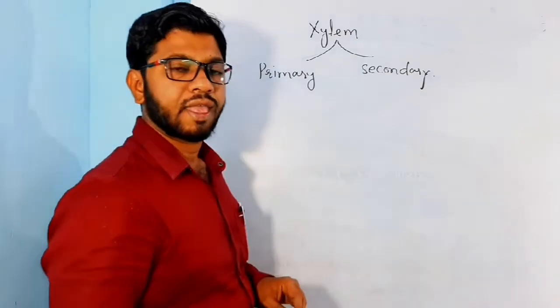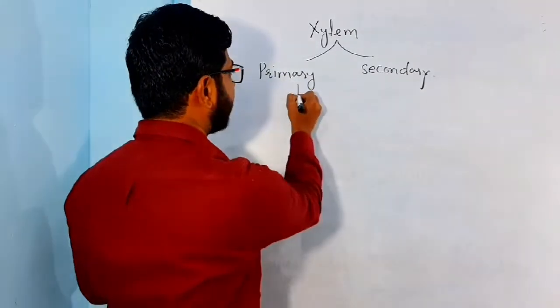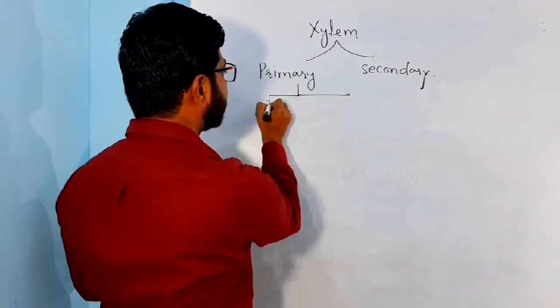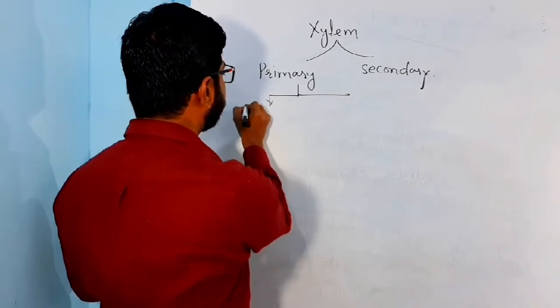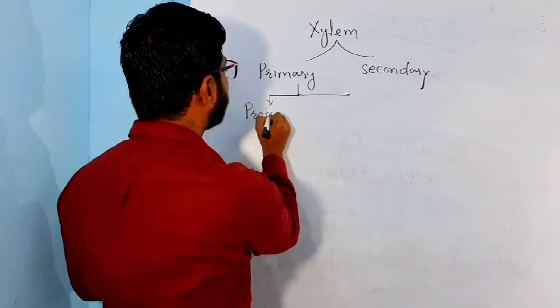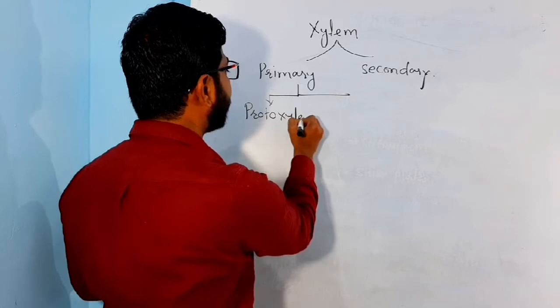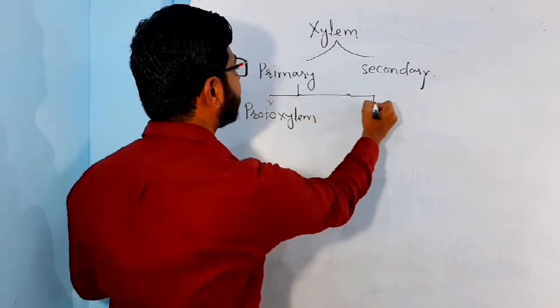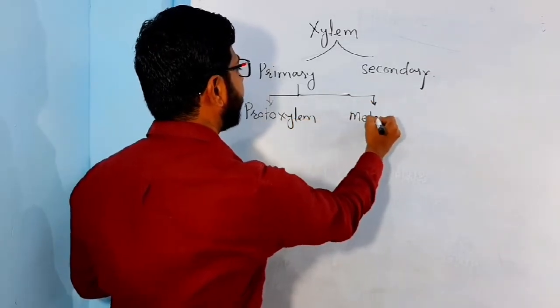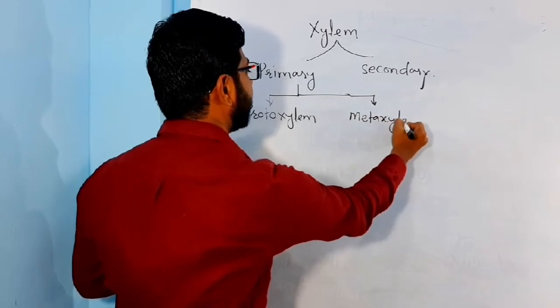Primary xylem are again classified into two types. The first type is protoxylem and the second type is metaxylem.